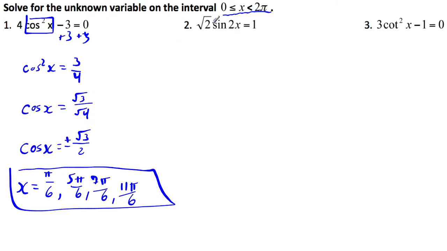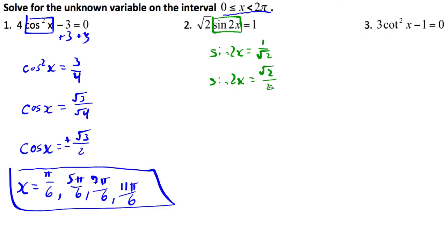Over here, yet again, isolate the trig function. There's a 2x in there. We'll worry about that later. So we get that the sine of 2x is equal to 1 over the square root of 2. So if we rationalize the denominator, we get sine of 2x is equal to square root of 2 over 2.